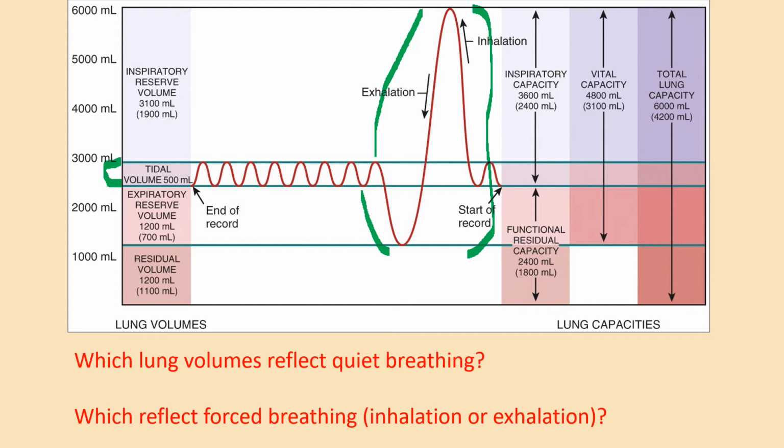And I hope you also remember that there's always some volume of air that is impossible to exhale. So when we add these volumes together, your inspiratory reserve volume, your tidal volume, your expiratory reserve volume, and your residual volume, we get your total lung capacity. And these are average values shown here for a male body and a female body.